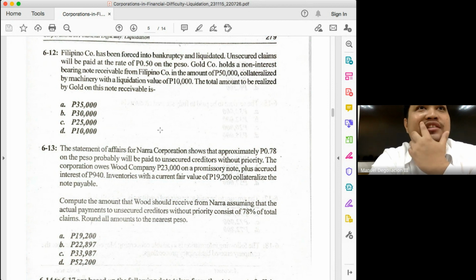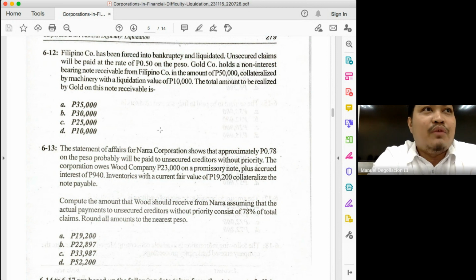Now, you will notice, class, for simple problems asking only for one kind of payment, normally they will ask for the partially secured, because that's the only type of claim that will have a longer computational process.